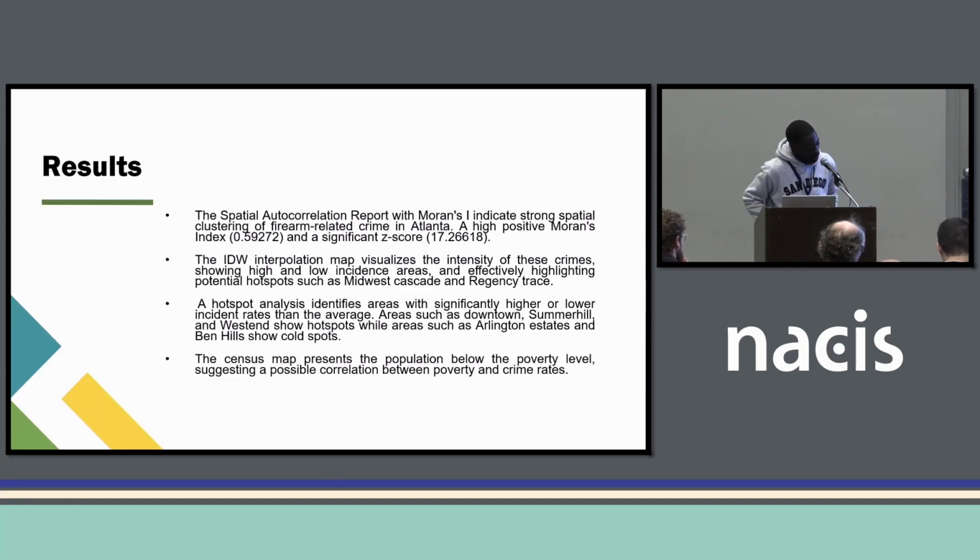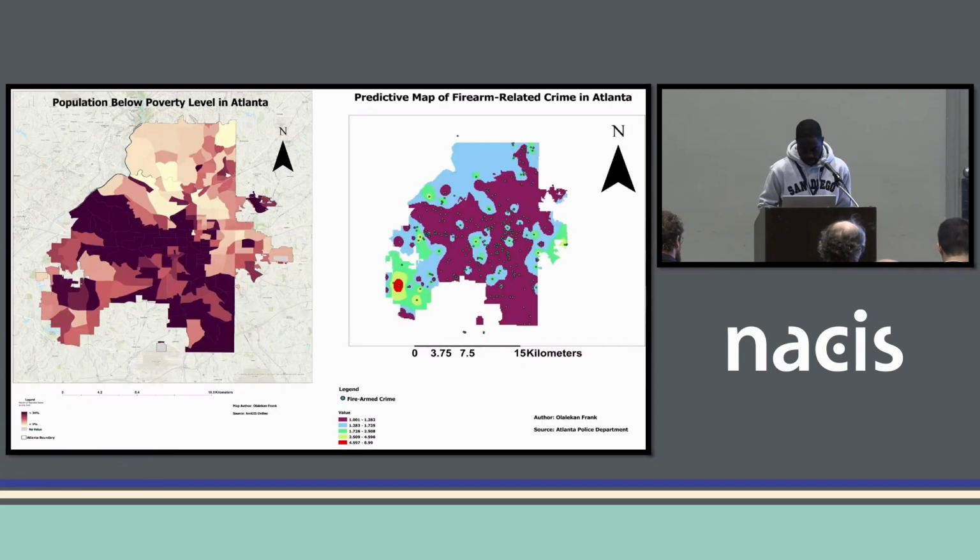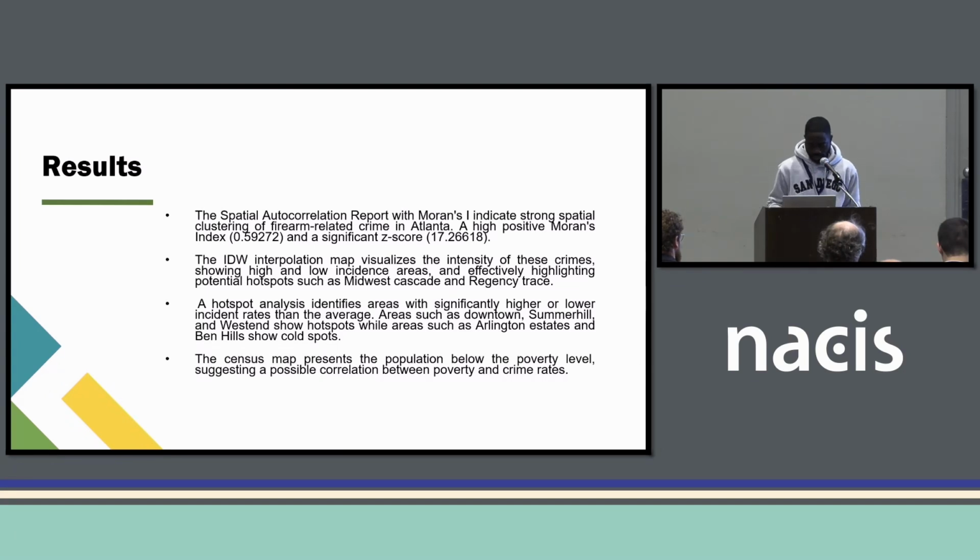For my results, as I explained initially, the spatial correlation results with Moran's I indicate strong spatial clustering of firearm crime in Atlanta. The IDW interpolation, the predictive map I made, shows high and low incidence areas, highlighting potential hotspots such as Midwest, Cascade, and Regency Trace.